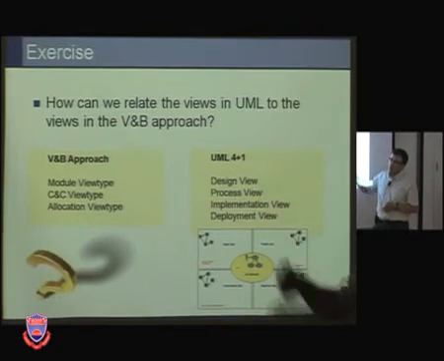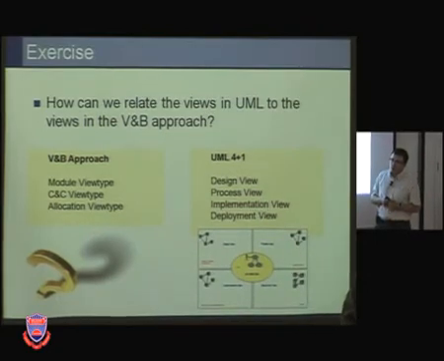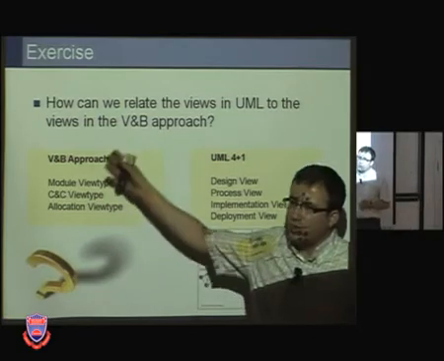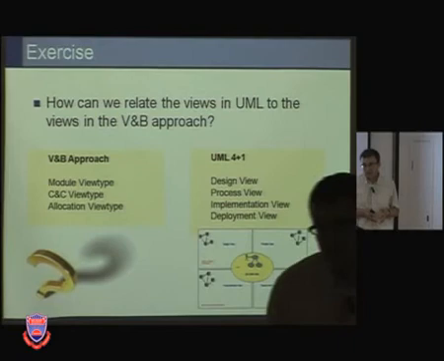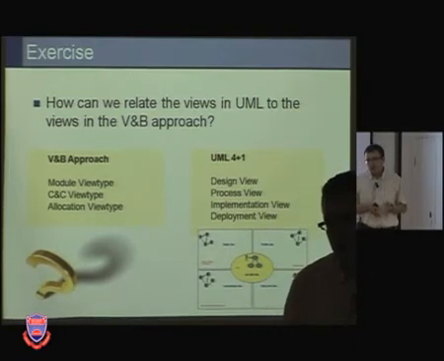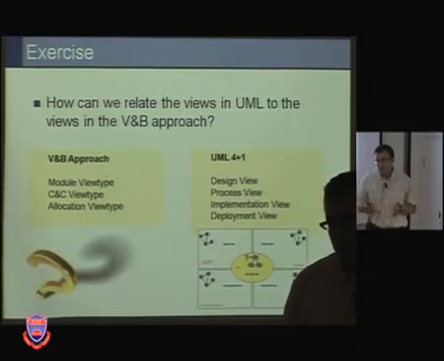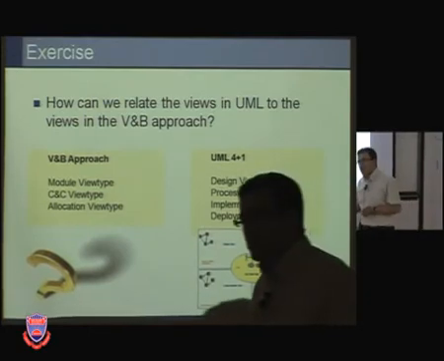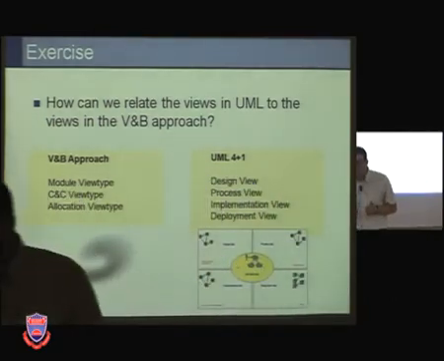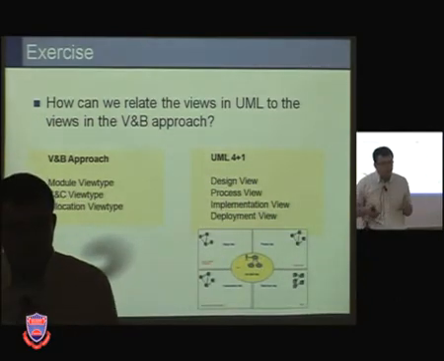There are 4+1 views. Okay? So in that sense this is more general, it's broader. If you would sum all these styles, 4 in the module, 6 or 7 in C&C, and 3, it's about 13, 14 styles. Plus you can define your own style. So the idea is that you have multiple views.